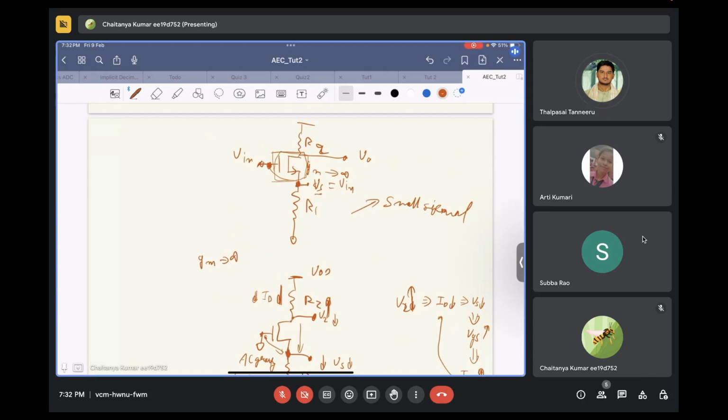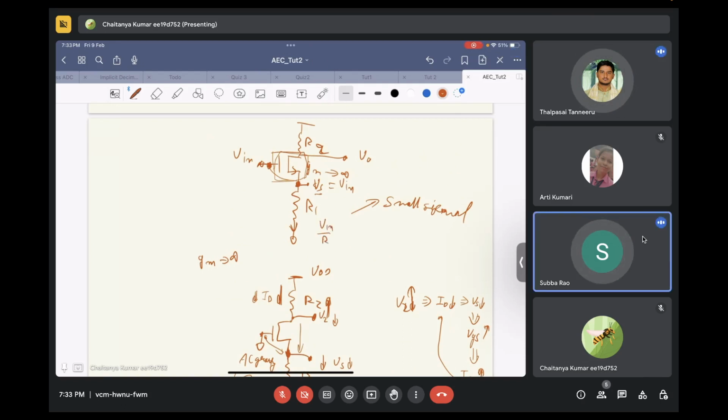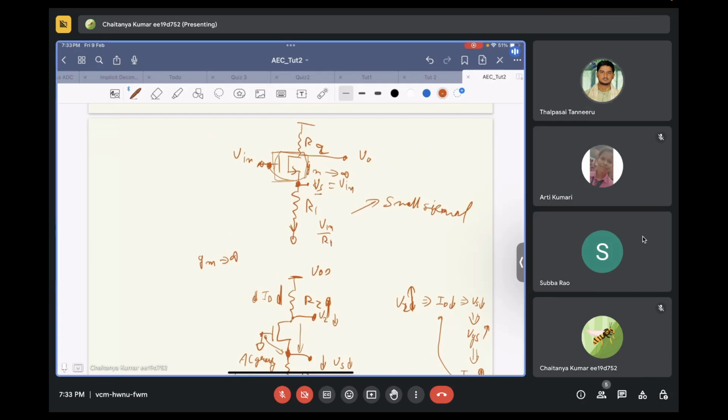Now, if VS is equal to Vin, then this problem becomes very easy. What will be the current through the transistor? Current is Vin by R1. Okay, if this is Vin by R1, the same current will flow through R2 also, right?